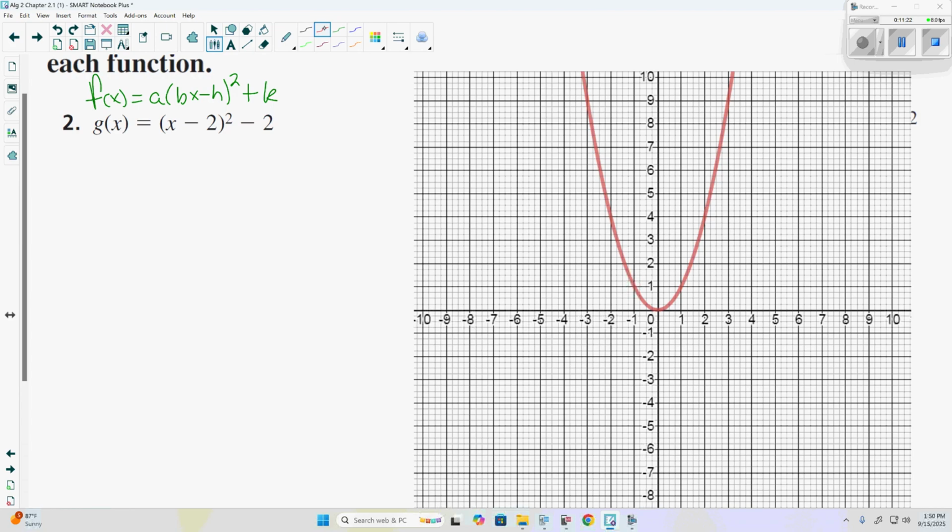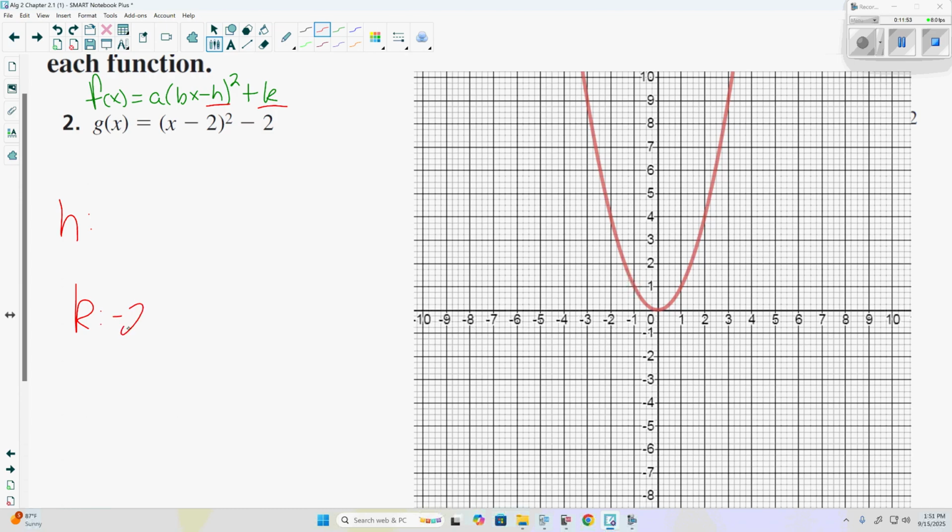So, let's look at this next one here. Do we have a value for a or b? No. But we do have a value for h and k. K is a little bit nicer. K is exactly what it looks like. Because we have what in place of k?